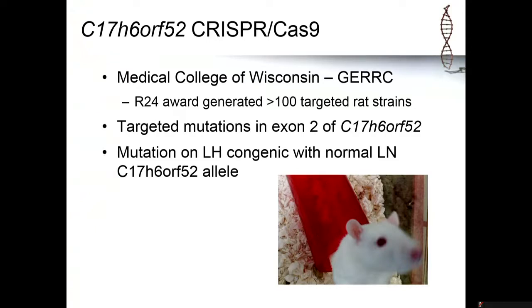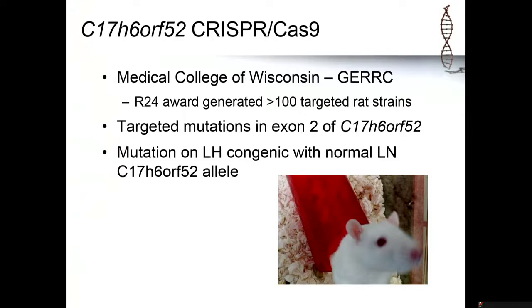Now, what I don't want to go into, but I have to go into a little bit, is that sometimes a single gene is not sufficient to overcome the homeostasis of a system. So we made this congenic, hoping that putting the normal allele on this LH strain would make them less hypertensive and make them leaner and so forth. Didn't happen. It was not sufficient to actually reduce this susceptibility for being obese and hypertensive, because there are other genes in this background that have this susceptibility.